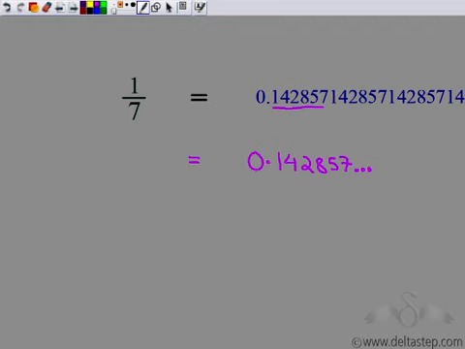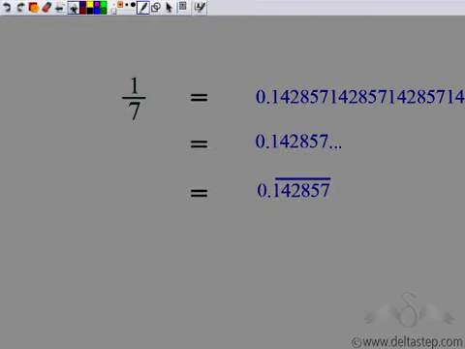Or else what I can do is I write this number 0.142857, and since this entire sequence is being repeated, I put a bar over this entire sequence, which means that this entire sequence is being repeated infinite times. So this is how I can represent 1 by 7.